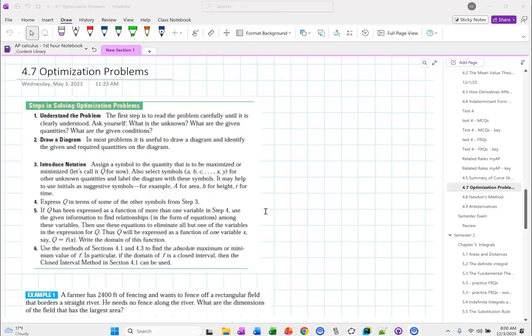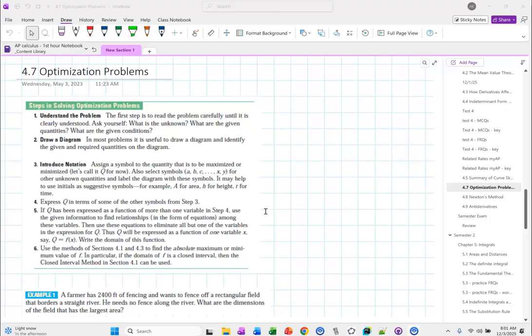So very similar in that regard. And then use the methods from sections 4.1 and 4.3 to find the absolute maximum or minimum. In particular, if the domain of F is closed, then use the closed interval method in section 4.1.